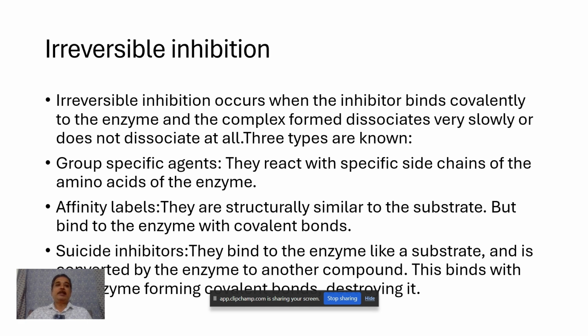So the enzyme is acting upon the inhibitor just like a substrate and forming another compound. Now this second compound binds with the enzyme forming covalent bonds, destroying it. So this enzyme is literally committing suicide. It is binding the inhibitor, forming a second compound, and the second compound can bind with the enzyme covalently and permanently destroy it. So these are the different types of irreversible inhibition.